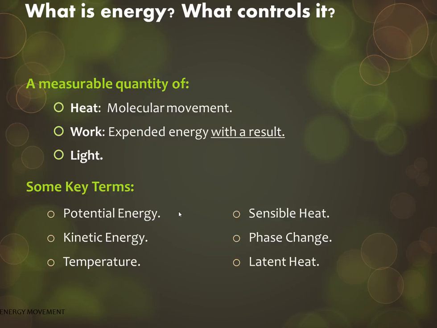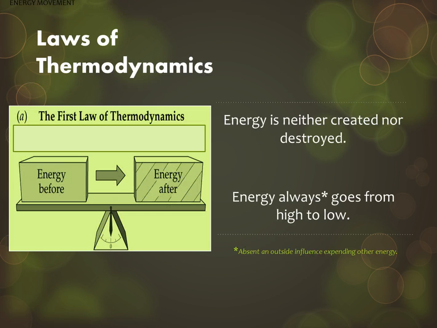Kinetic energy is important to understand. Temperature is a word that you might take for granted that you understand, but it might be a good idea to check up. Sensible heat. Phase change. Phase change is the act of changing from one state of matter to another. And then lastly, but certainly not least, latent heat. That's really, really important.